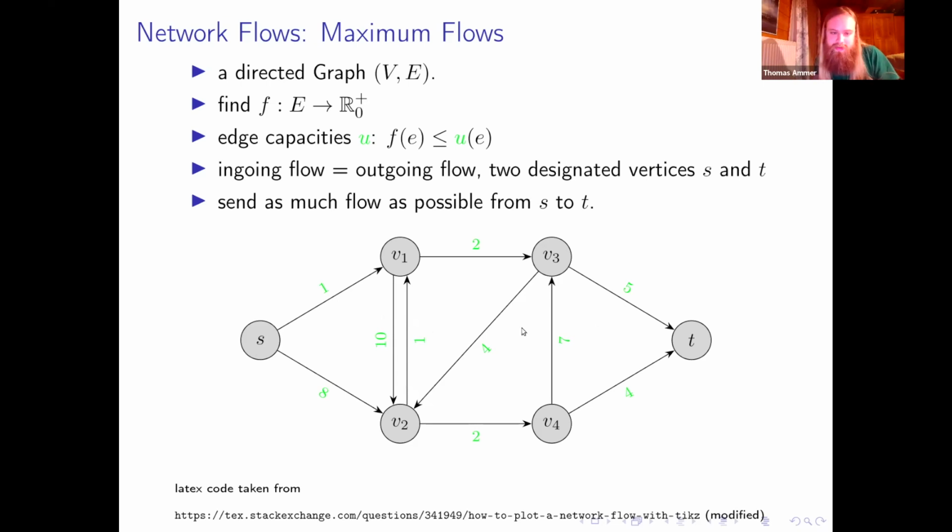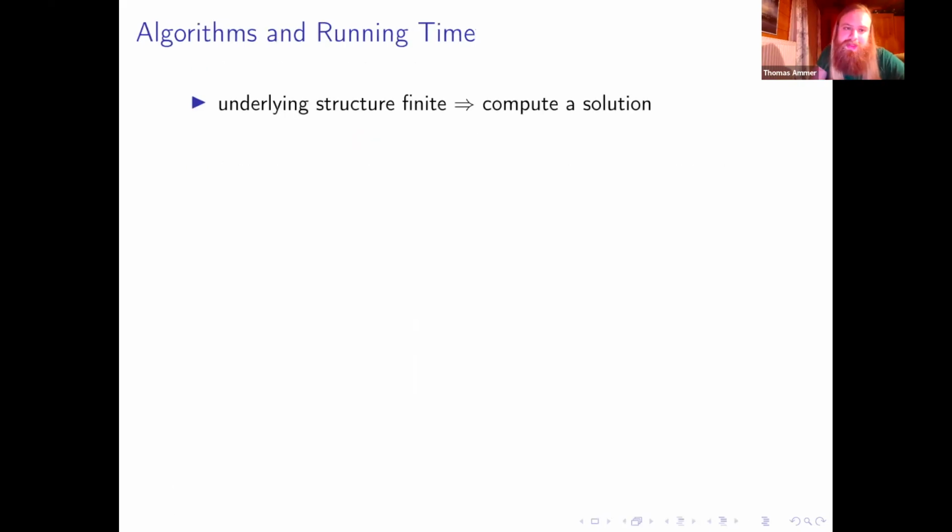And for all other vertices, like those four here in the middle, the ingoing flow should be equal to the outgoing flow. And that constitutes a so-called maximum flow problem. Okay, and because the structure is finite, we can compute a solution by means of an algorithm.